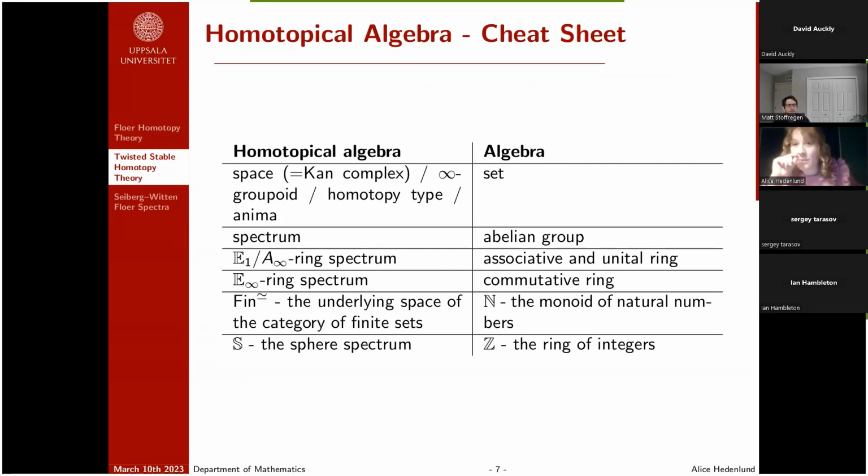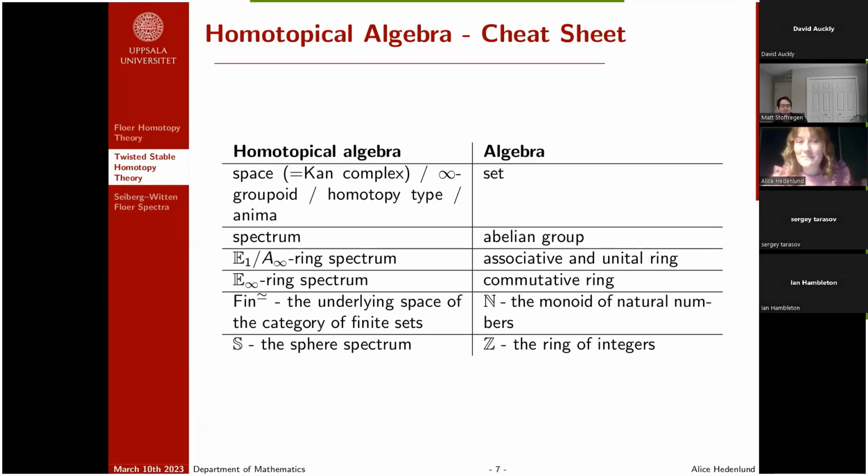And here's a little disclaimer. When people in homotopy theory speak of spaces, they don't mean spaces in the same way as geometers. When we say space, we really only care about the homotopy type of the space. So the real line would be the same thing as a point, which is maybe slightly confusing, but it is the most common terminology.